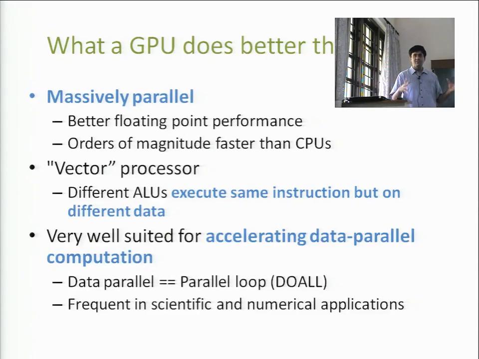Different ALUs all execute the same instruction in lockstep, and they're very well suited to accelerating data parallel applications. Data parallel applications are things which are parallel loops, like the vector addition that we just saw, or things like matrix multiplication, matrix vector multiplication, matrix addition, all these types of things. These things turn out to be really frequent in numerical and scientific computing, so it's turned out to be important to look at this class of processors.